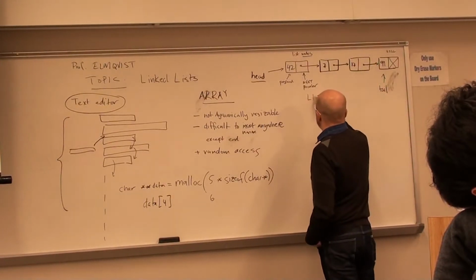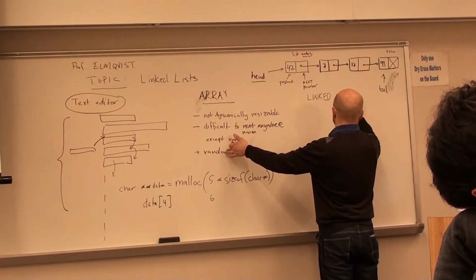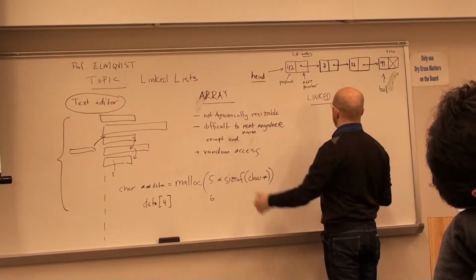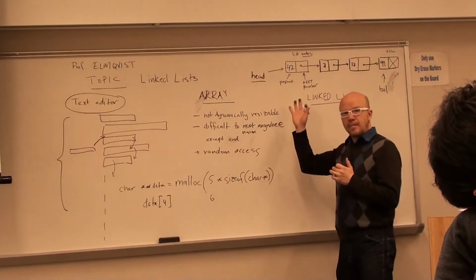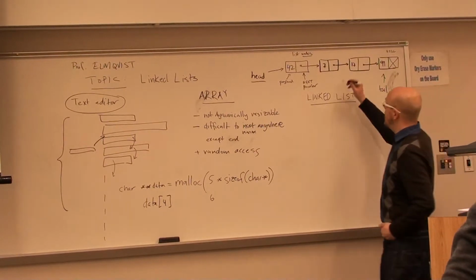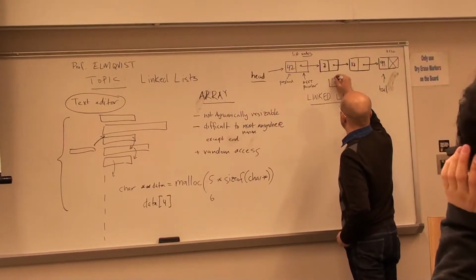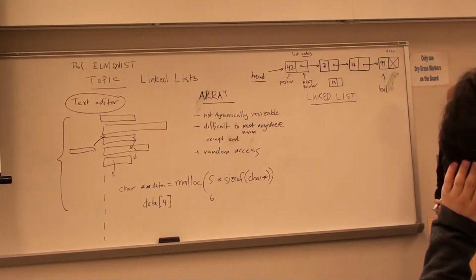So if I look at my array and compare it to linked lists, I get some differences. First of all, this type of data structure is eminently resizable. Because if I wanted to insert, let's say, 13 between 7 and 17, it's very easy.